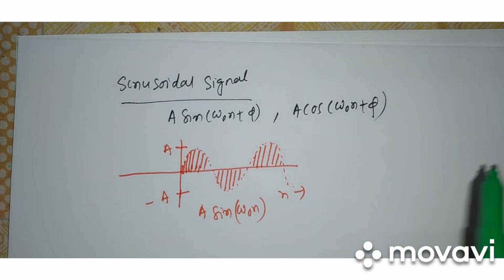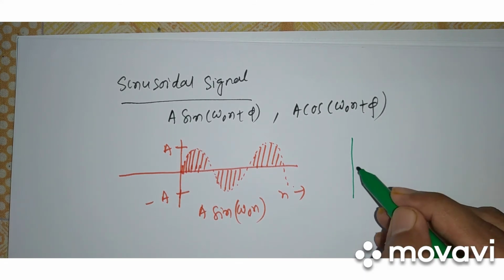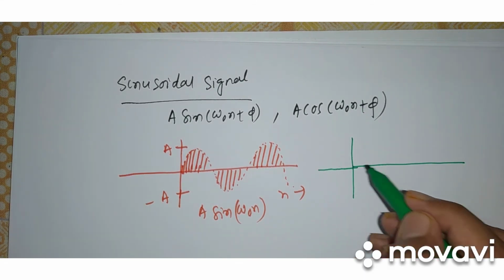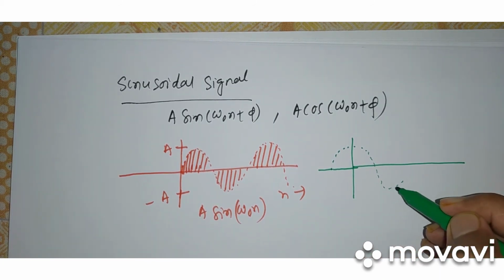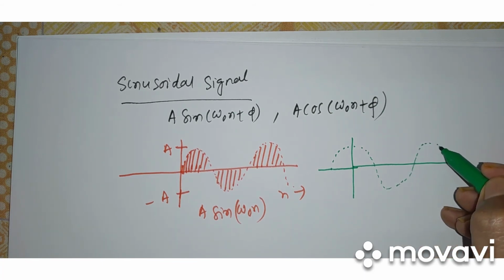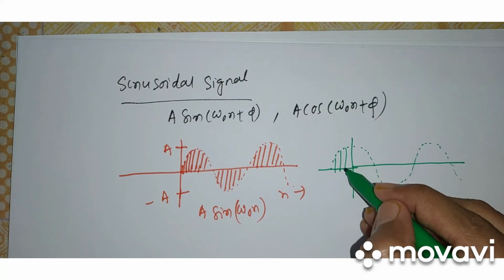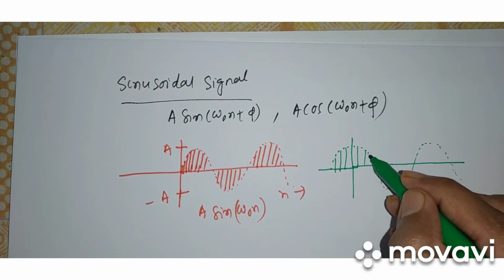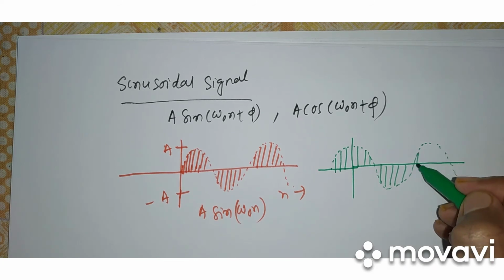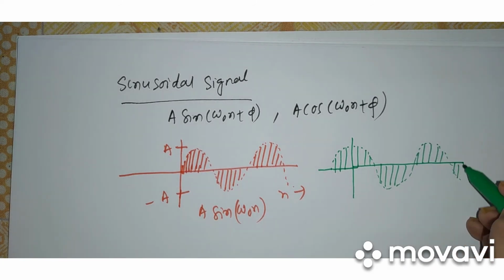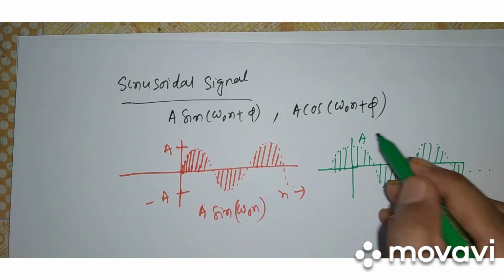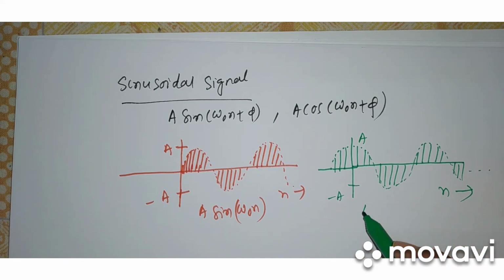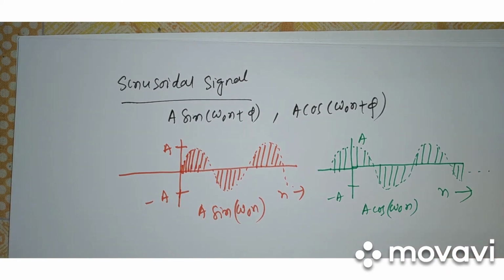Similarly, you can do for cos. Like this, n, and this is also A, this is minus A, this is your A cos of omega 0 n. Okay, clear?